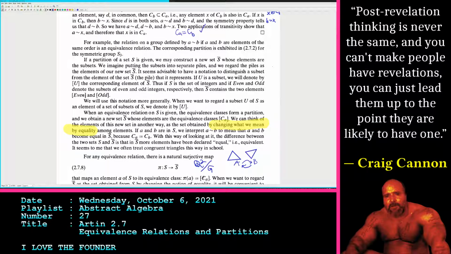That's what we study when we study school geometry and we study triangles and we don't care about the differences between congruent triangles.